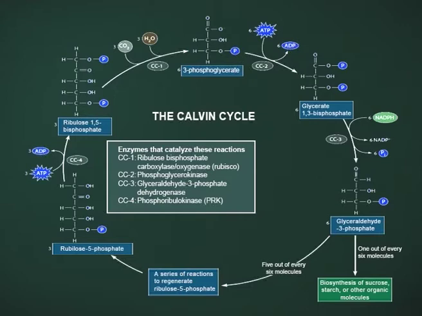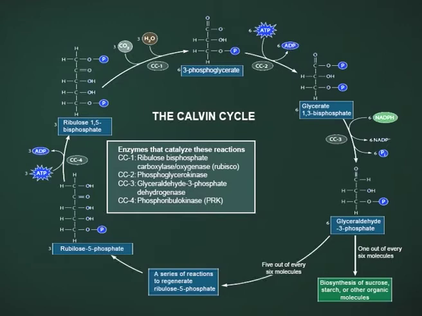The other 5 molecules of glyceraldehyde 3-phosphate are converted in a series of steps involving 7 enzymes to 3 molecules of ribulose 5-phosphate, which are then phosphorylated using 3 ATP molecules to form 3 molecules of ribulose 1,5-bisphosphate, ready for another turn of the cycle.